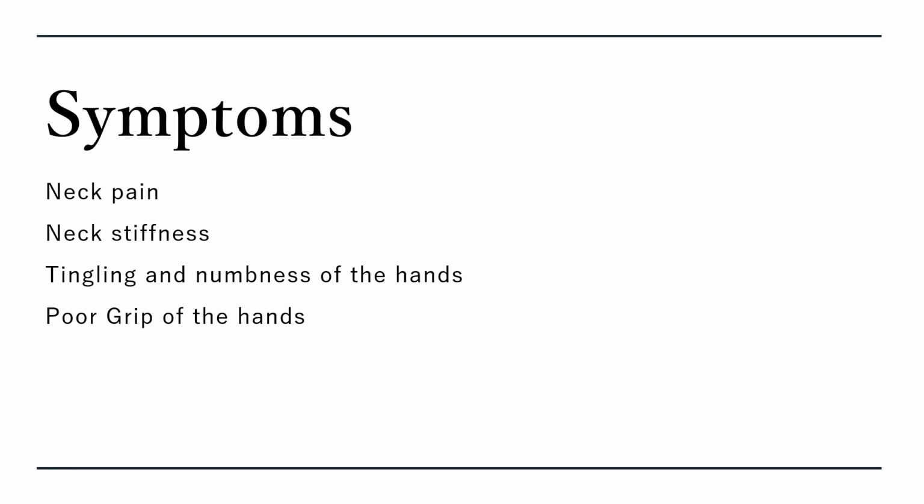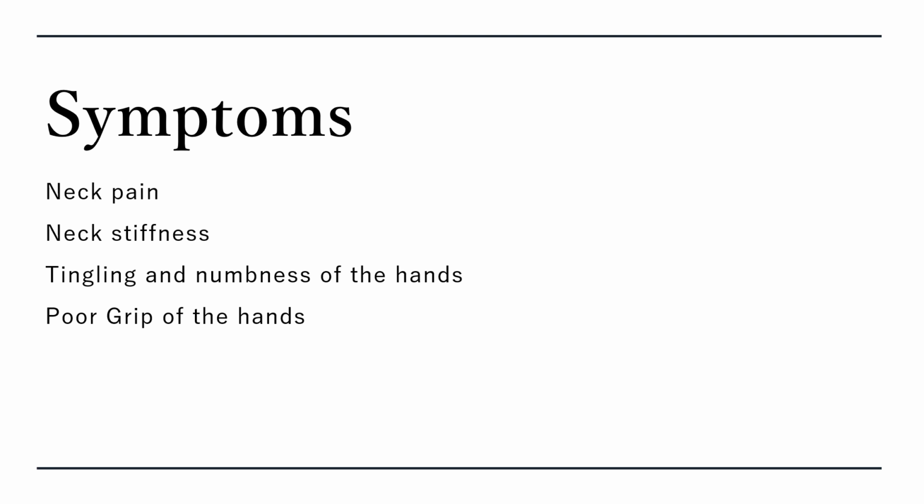So what are the symptoms when somebody has a slip disc in the neck? First of all, you will have neck pain. The neck pain can come and go. Not necessarily somebody has a neck pain which is constant. After that, if somebody suffers from this problem, they will say, well, I have stiffness. I can't really move my neck around in different directions, to the left or to the right.